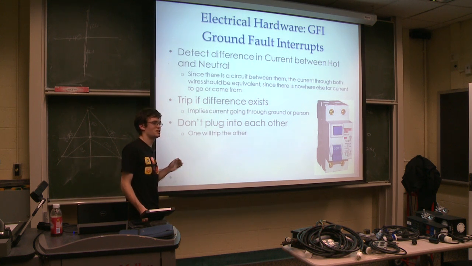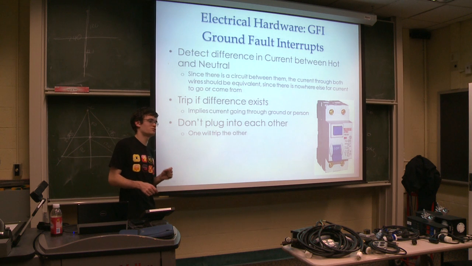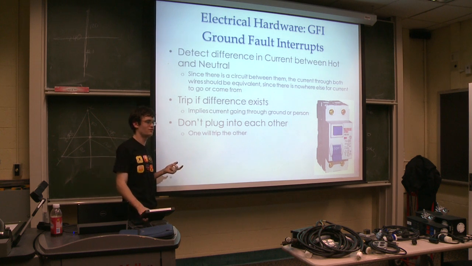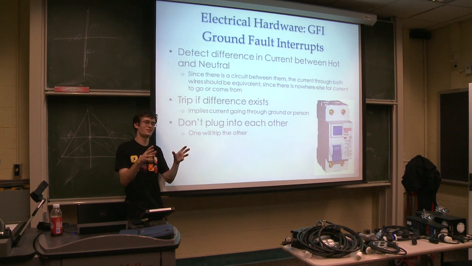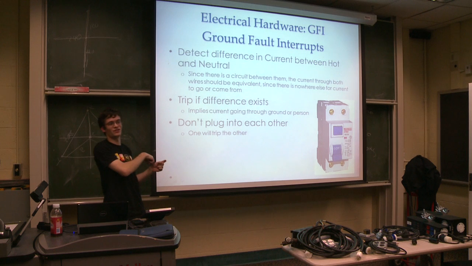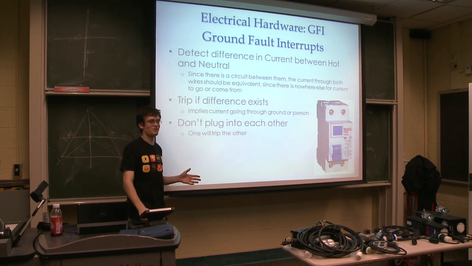These are similar to circuit breakers in that when they detect something wrong, they turn off. However, instead of detecting overcurrent, they detect a difference between the... Oh, they do both? Okay, so they will detect when you draw more current than it's rated for, but in addition, they detect the current difference between the hot and the neutral. If they're not exactly the same, meaning that there is a complete circuit on the other side, and all the current that goes out from the hot comes back through the neutral, and vice versa, they will trip and turn off.